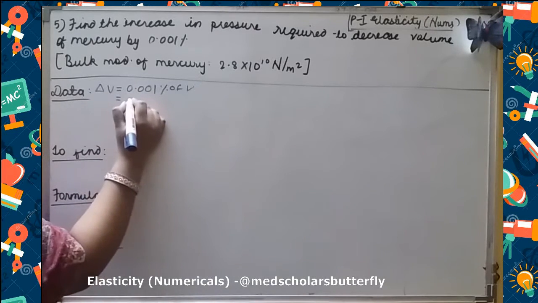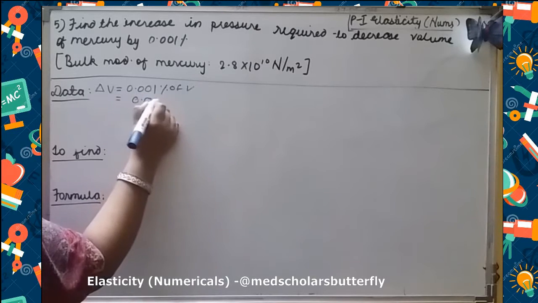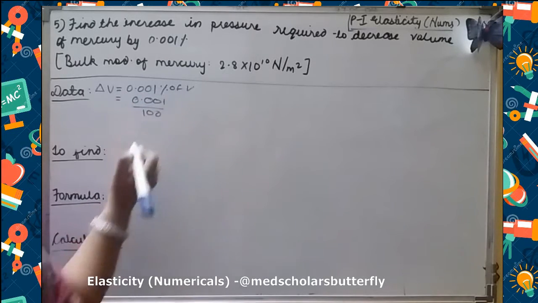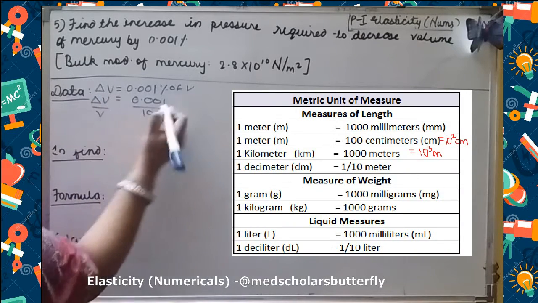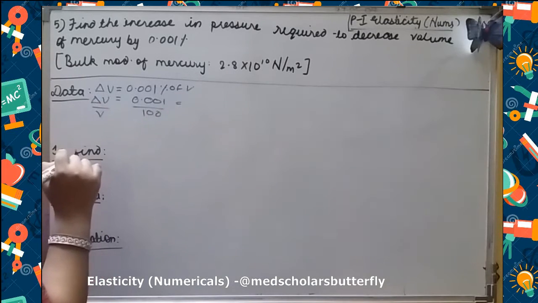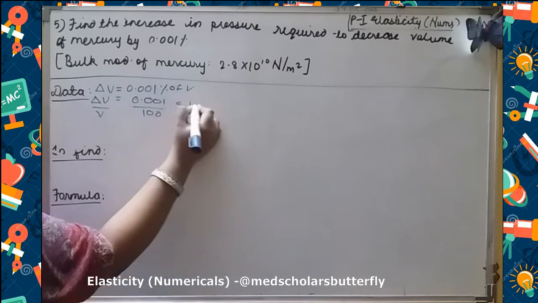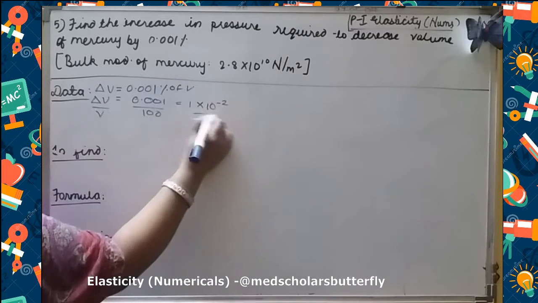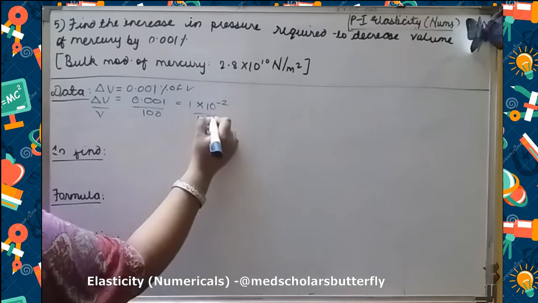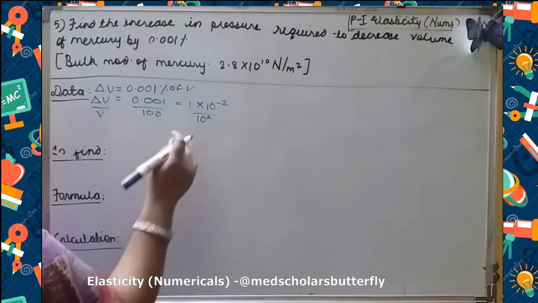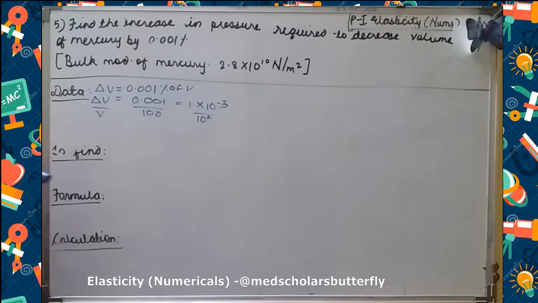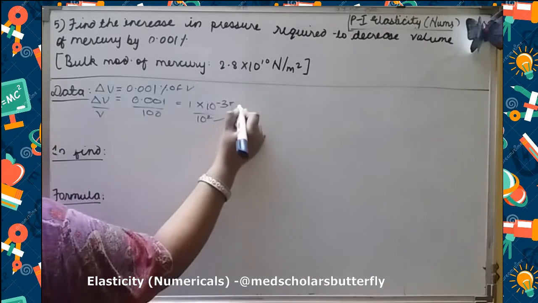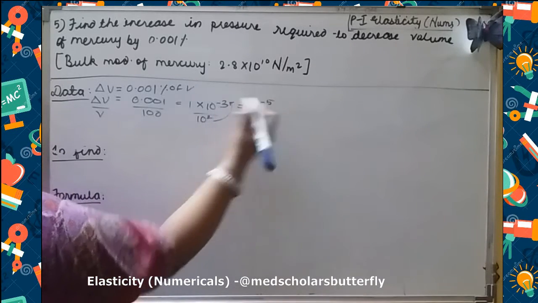So this will be 0.001 upon 100, delta V upon V you will get. So after cancellation, this will go up and you will get 10 raised to minus 5.